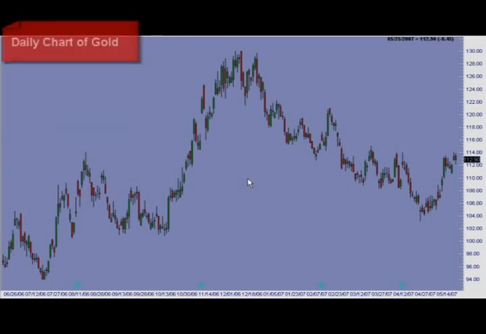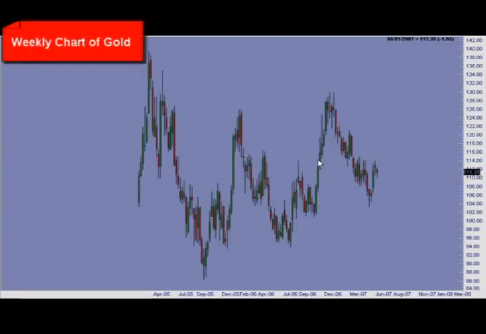For example, in this gold market, if we're trading on the daily time frame and we go to a weekly chart or weekly view, we obviously have points available to us that are beyond the scope of the daily time frame. When we use that to determine a reversal, we end up with a substantial reversal signal, as we see right here how the market substantially dropped following this reversal.